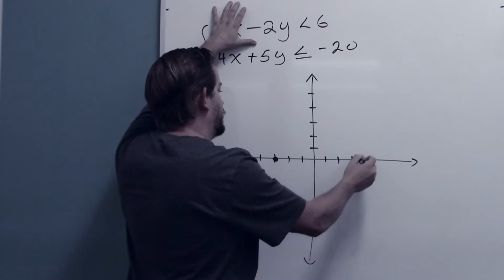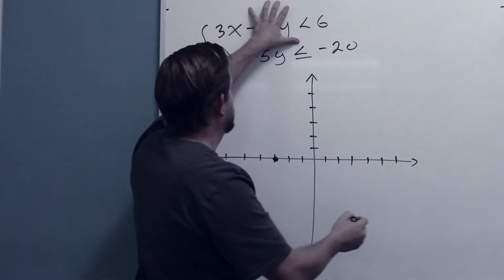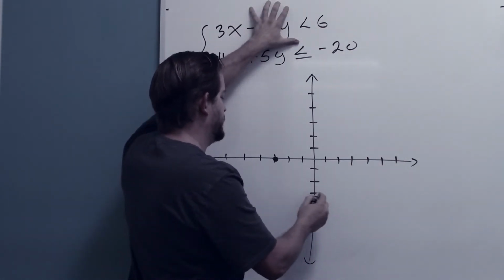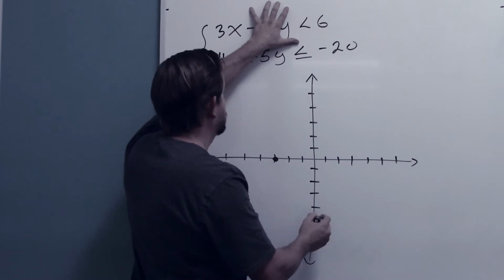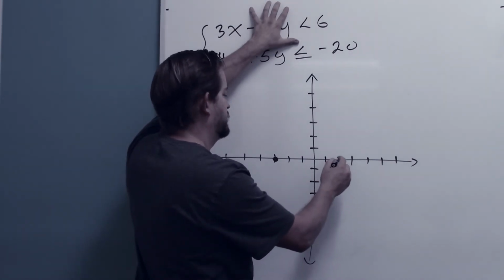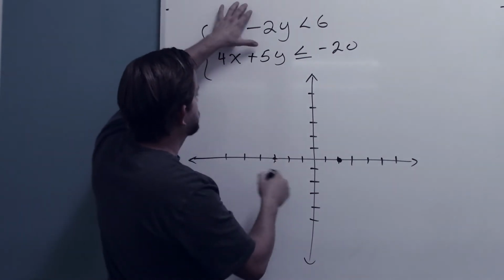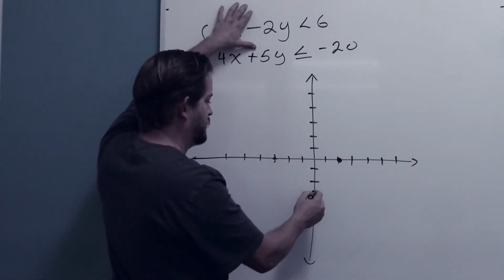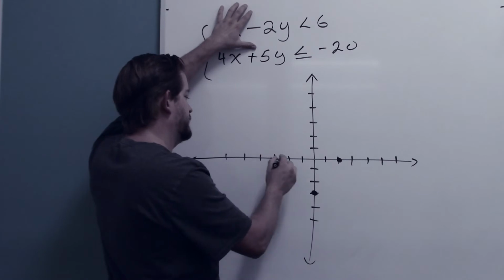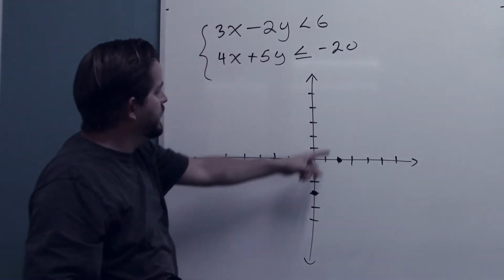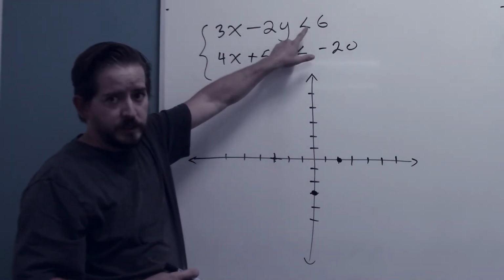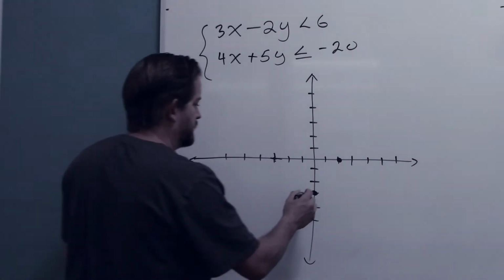And then if y is 0, I divide each side by 3 to get x is 2. Y is negative 3 is down there. And so I have this line, which is dotted because it's a strict inequality.